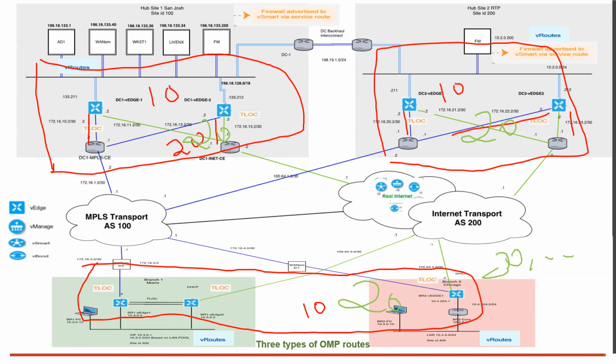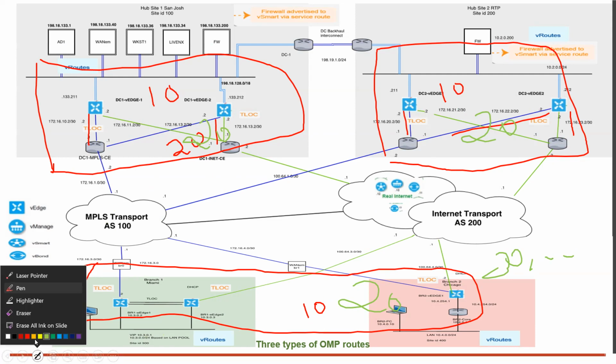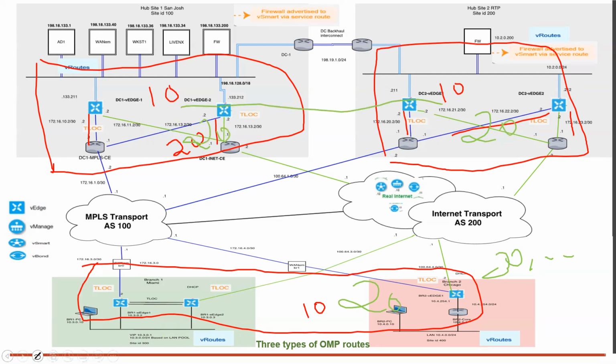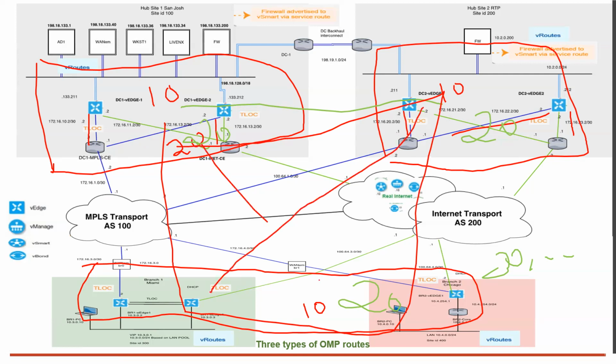The nature of those VPNs may differ. VPN 10 may have point-to-point IPsec tunnels in a full mesh, but VPN 20 may be partial mesh, maybe hub and spoke, maybe only one branch to another branch.